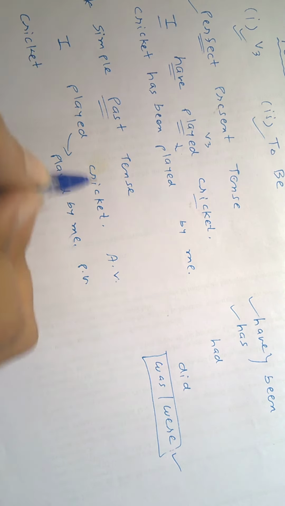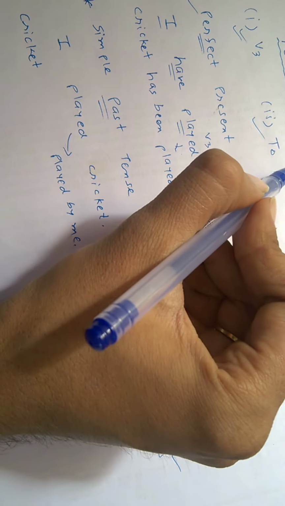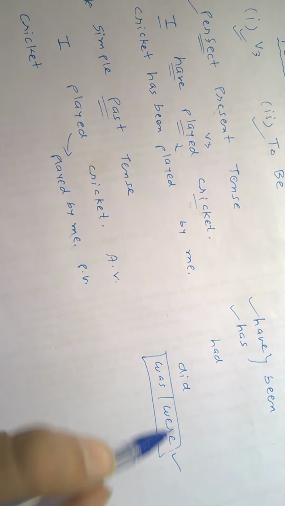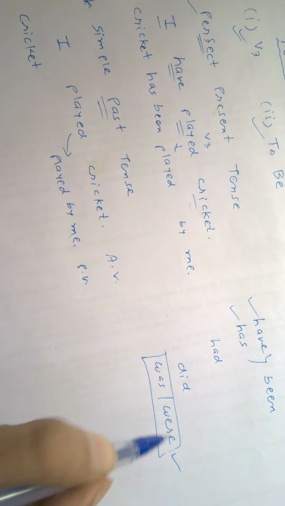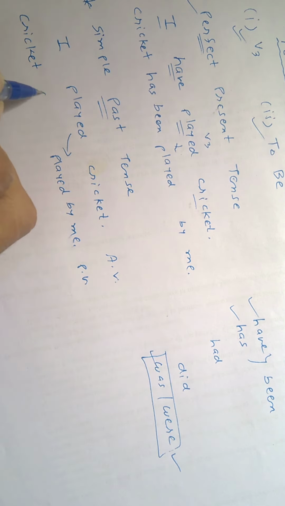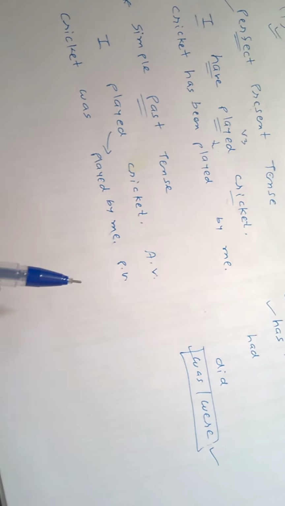Now here we can see that there is no to be in the active voice, but as per our technique in passive voice we must use to be. So for past tense we will use either was or were. So with cricket we will use was. So this is passive voice of simple past tense.